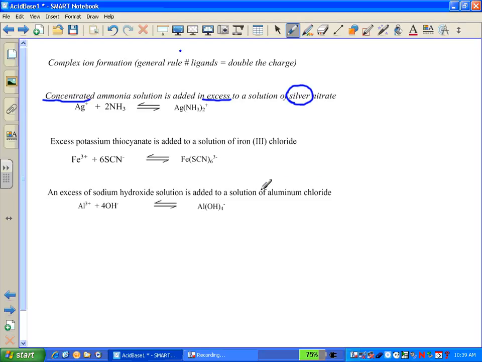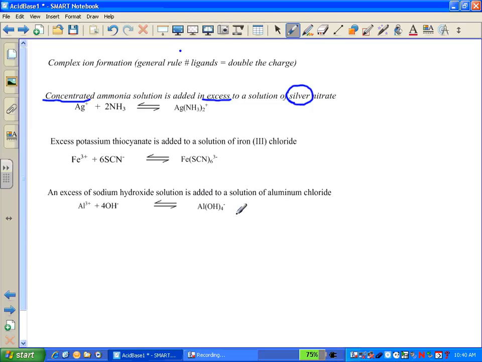This last example, we've got excess sodium hydroxide, hydroxide being one of the common ligands, added to a solution of aluminum chloride. Aluminum chloride does form complex ions, and its ion is 3+. Now you'll notice here that I'm not using the general double the charge rule. This is a specific complex ion that is loved by the writers of the AP exam.